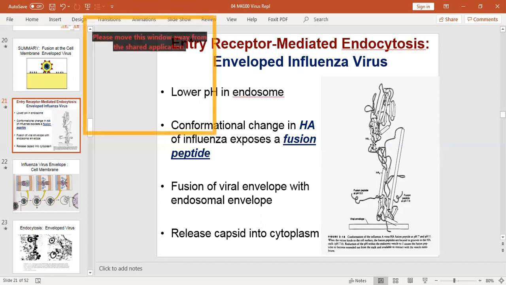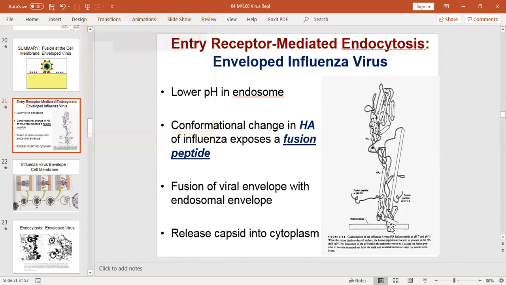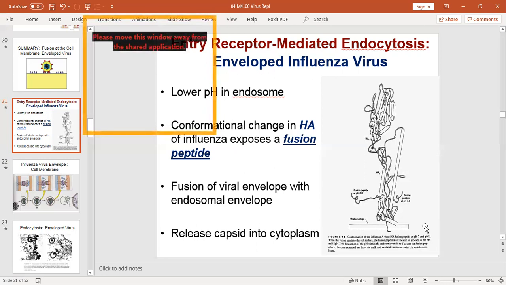This will expose a fusion peptide, and once the fusion peptide is exposed, it results in the fusion of viral envelope with endosomal envelope, resulting in the release of capsid and viral nucleic acid into the host cell cytoplasm. So, through receptor mediated endocytosis, influenza virus gains entry into the host cell in an endosome.